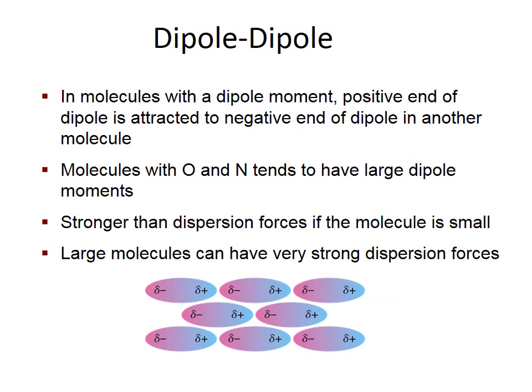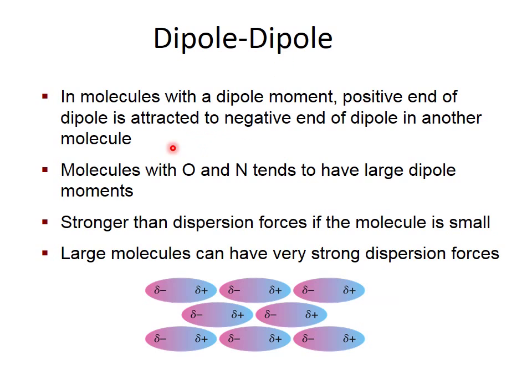If a molecule has a dipole moment, so it is a polar molecule, the positive end of one molecule will be attracted to the negative end of another molecule. So you can draw the entire molecule and look to see if it has the dipole, and then say, yes, it has the dipole-dipole attractive force, or no, it has no dipole, so there's no dipole-dipole attractive force.